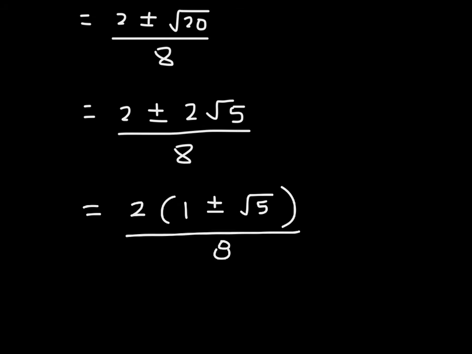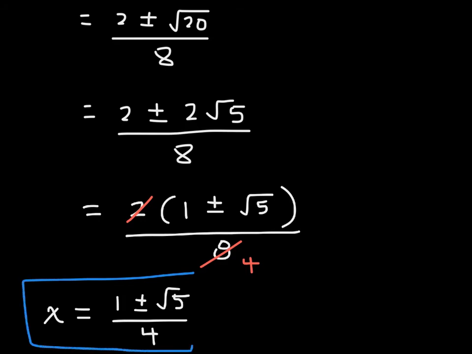So now that you factored the numerator, you can now cross cancel or divide. 2 goes into 8 4 times. So then your solutions are x is equal to 1 plus or minus root 5 all over 4. These are your final solutions, and they are irrational. Irrational because 5 is not a perfect square.